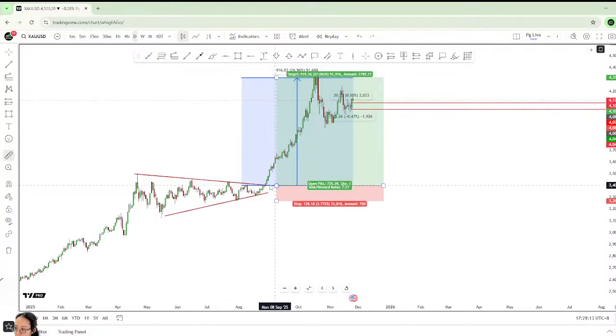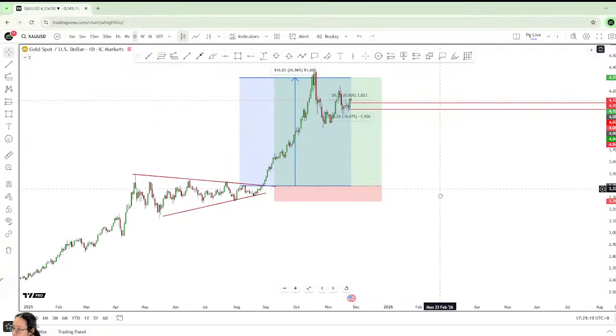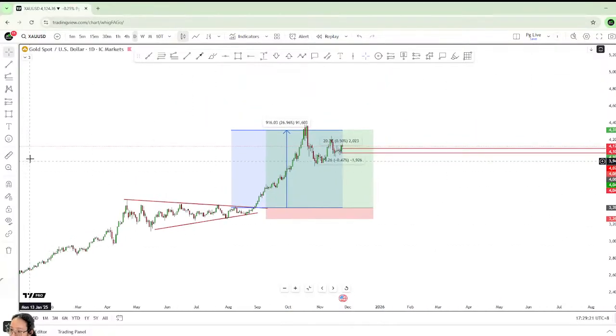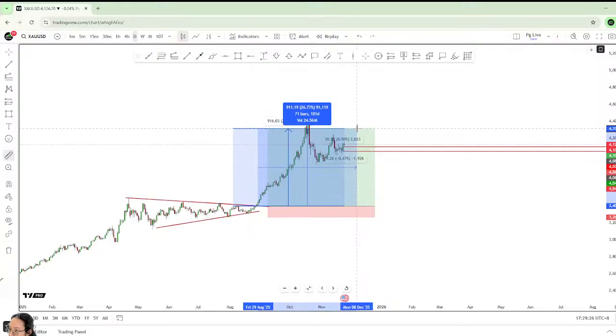How many days did it take from here to here? 98 days. It takes about 3 months plus to hit your take profit for the swing from this to this.